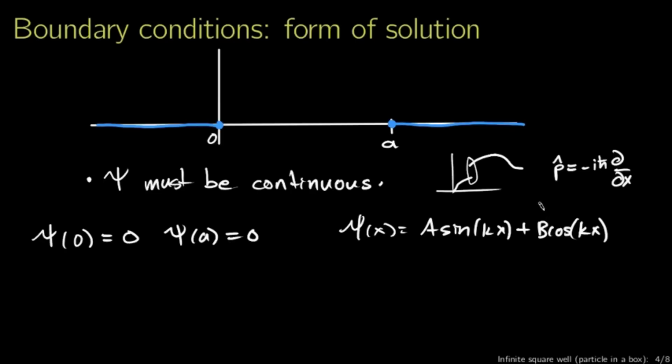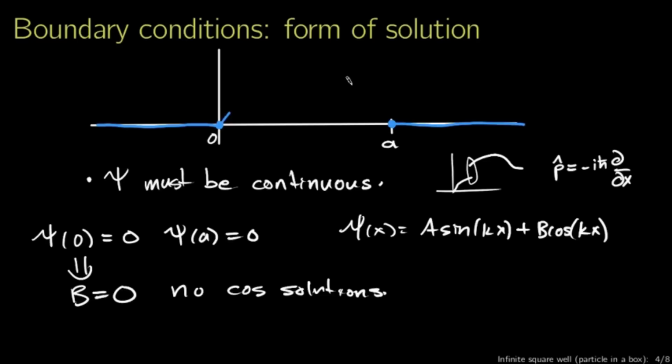So what I'll get if I plug in 0 for psi is 1 times B. Now if I'm going to get 0 here, that means B must be equal to 0. So we have no cosine part to our solutions. Everything here is going to start like sines, going up like that.